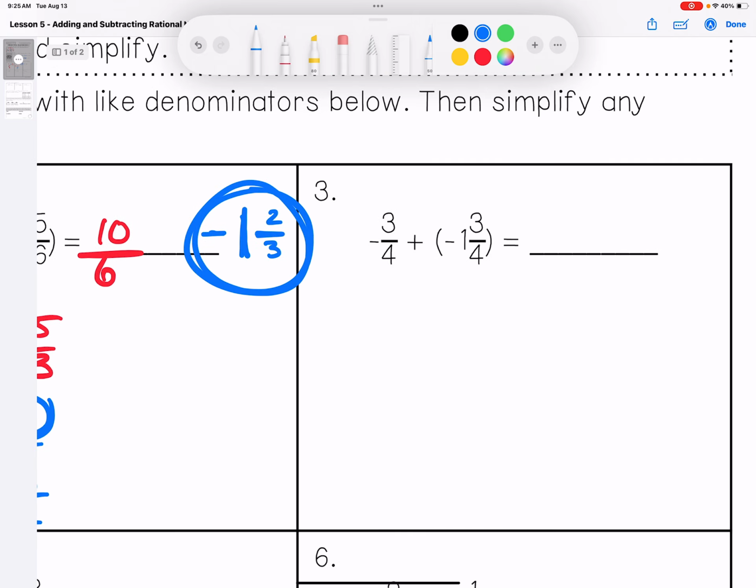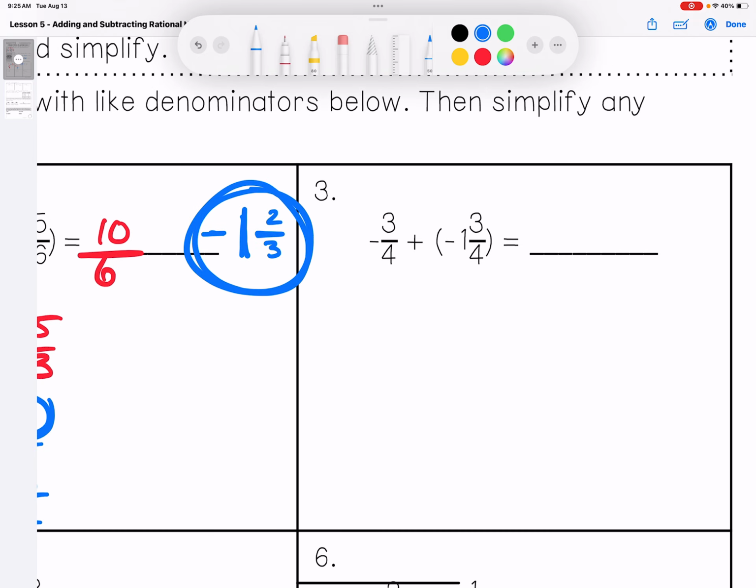Number 3. Again, we're adding, and they're both negative, so we just add them up, keep sign. Now, I don't like for you to work with one mixed number and one non-mixed number. You can do that if you just insist, but you better know what you're doing. So I'm going to turn this second one that's in parentheses into an improper fraction.